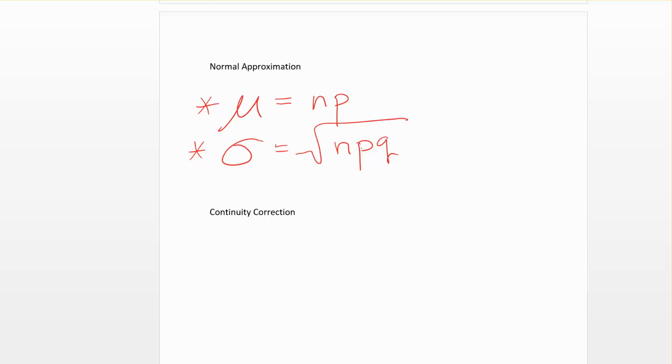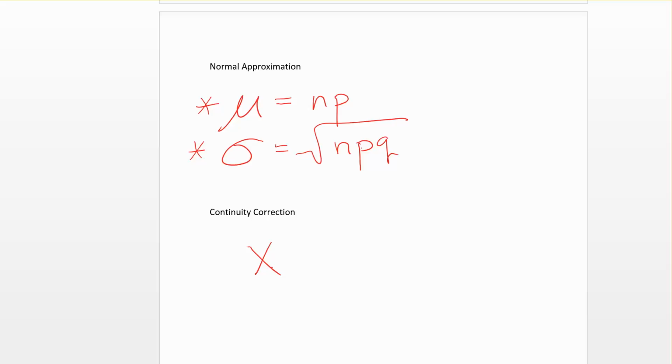Okay, and the last thing we need to look for is what we call a continuity correction. And it's not really that we're looking for it, but something we have to adjust a little bit, because we're taking a discrete whole number type of variable and we're putting it into a continuous normal curve. So when using the normal approximation, we have to adjust the discrete whole number, and that's going to be our x value. We have to adjust this a little bit on our graph.